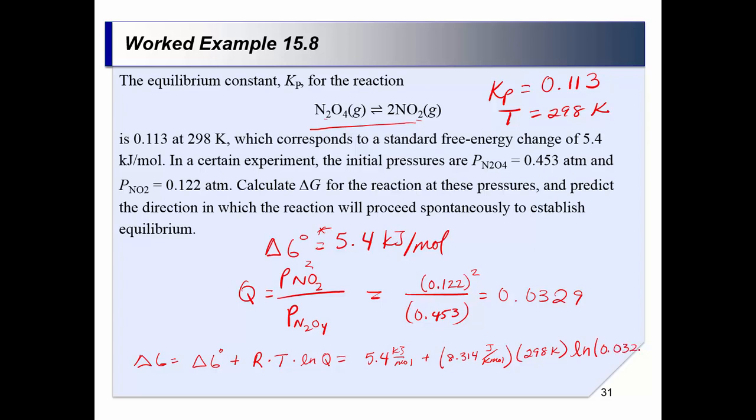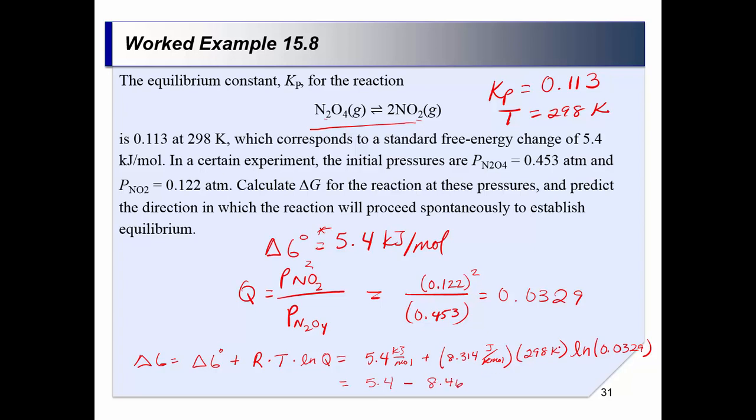All of that arithmetic gets mushed together, so I'll do it in steps for those of you who might be a little foggy. 5.4 kilojoules per mole, and then I actually get a negative value, negative 8.46, again kilojoules per mole because the kelvins cancel out.